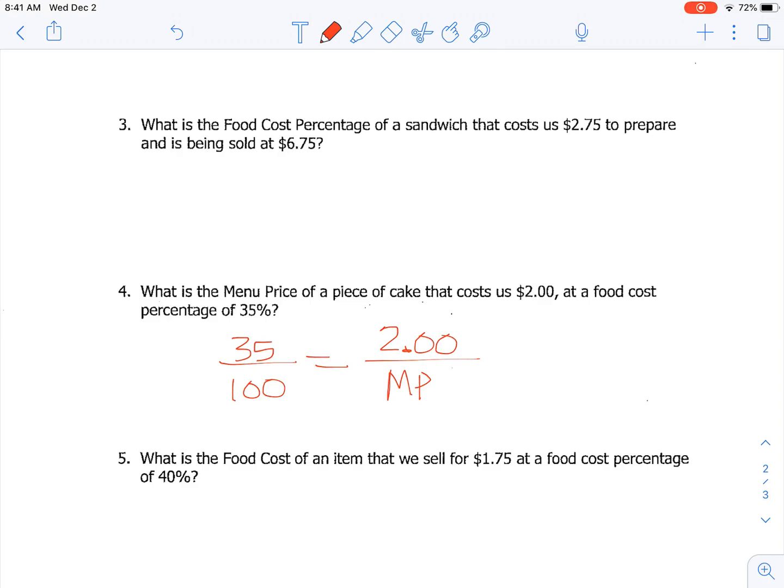Cross multiply and divide. Our suggested menu price is $5.72. Now remember, that's a suggested menu price because you probably have never seen anything on the menu for $5.72, right? You could make it $5.99. That would probably be a more rounded number.